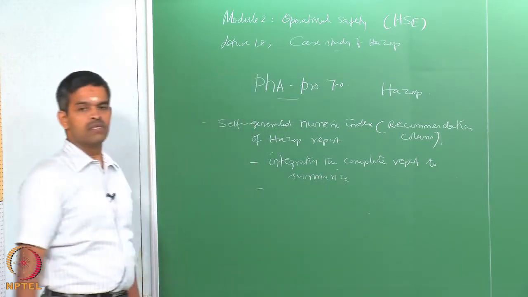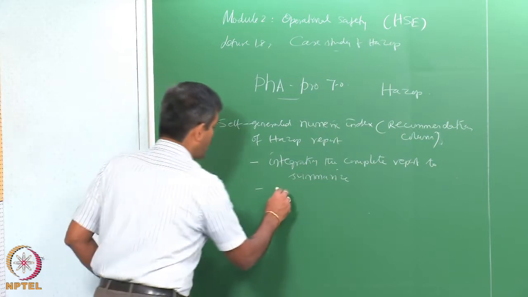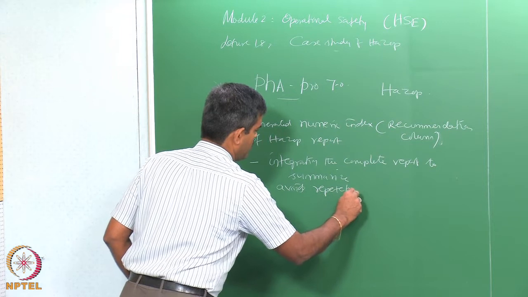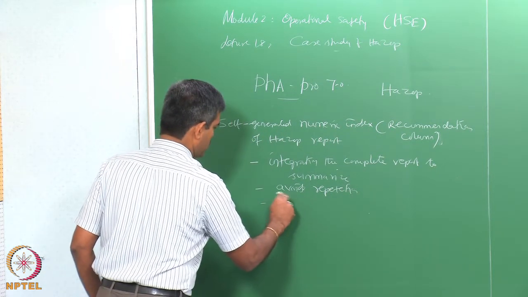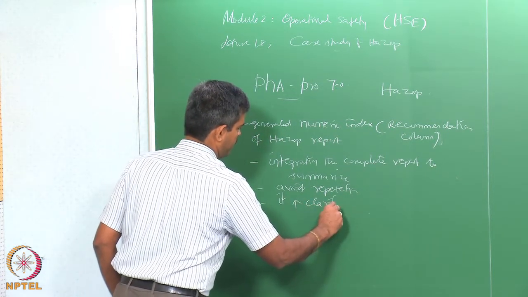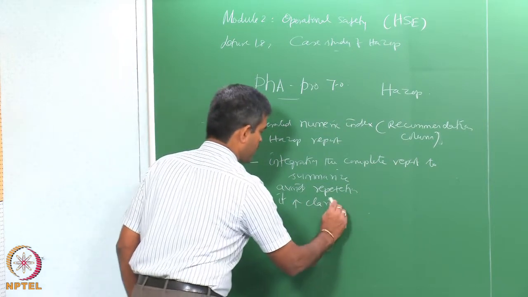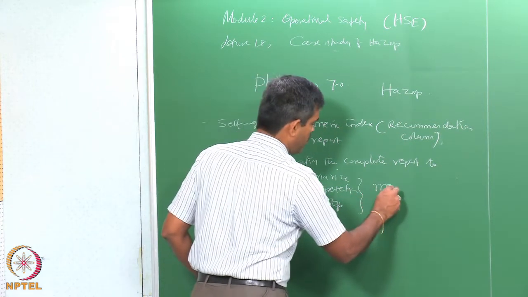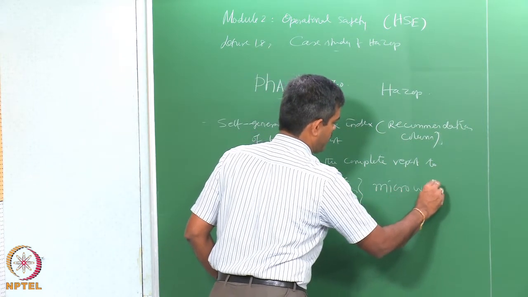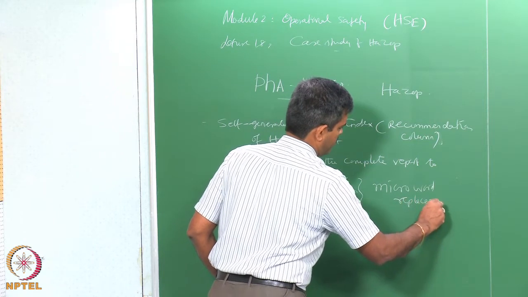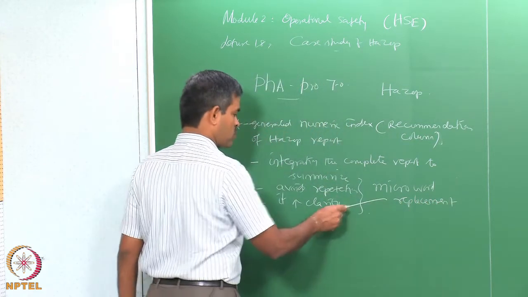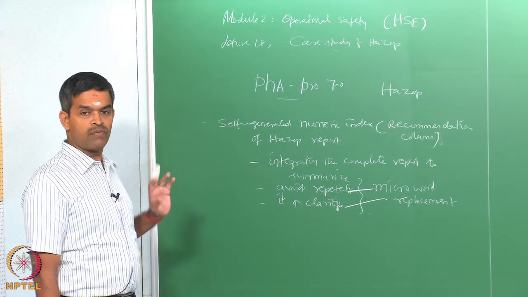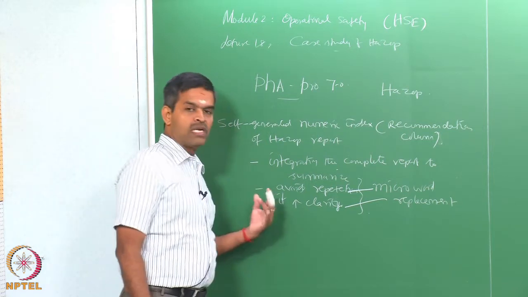That is the first advantage. Secondly, it avoids repetition. Third, it improves clarity. So, this is sort of micro word replacement, because this improves clarity and avoids repetition, but it is actually done by the software automatically by referring to the standard database.